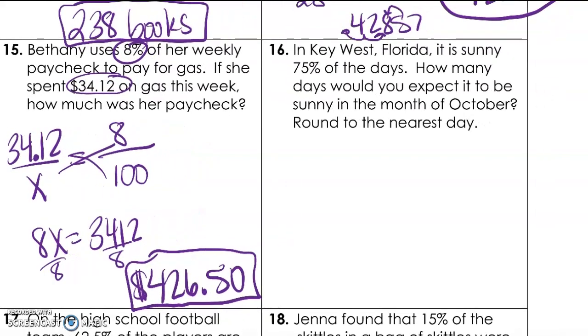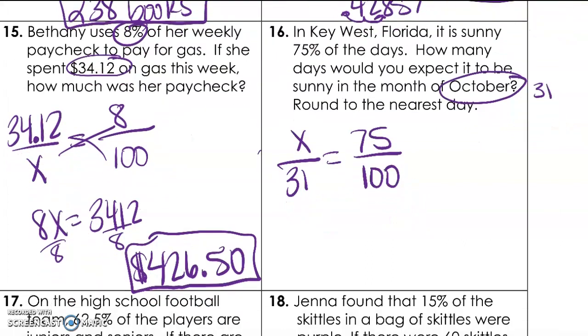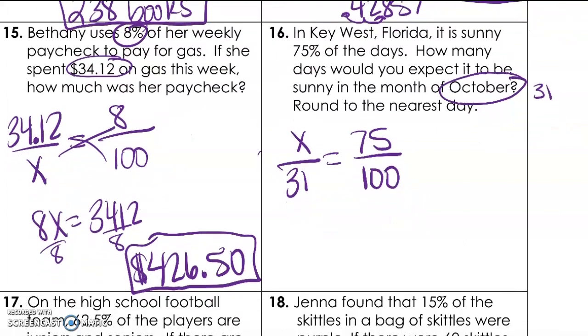In Key West, Florida, it is sunny 75% of the days. How many days would you expect it to be sunny in the month of October? And this says to round to the nearest day. So the problem here is we only have one number, and it's our percent. So 75 out of 100. We need to know that there are 31 days in October, and that's the total days. We're trying to figure out how many of those are going to be sunny.